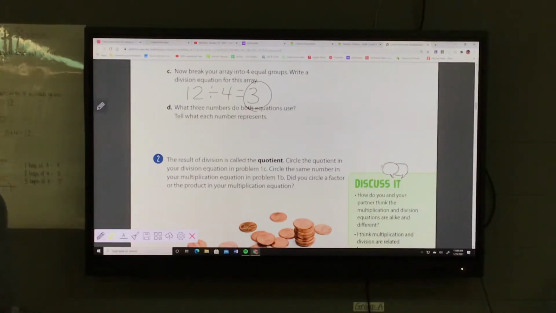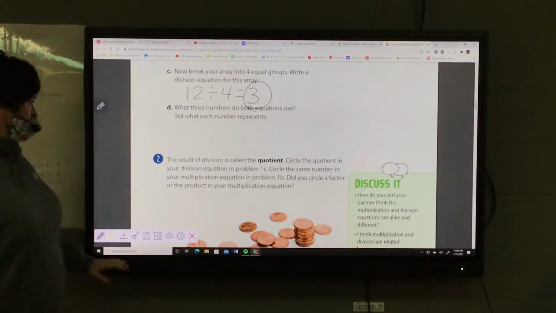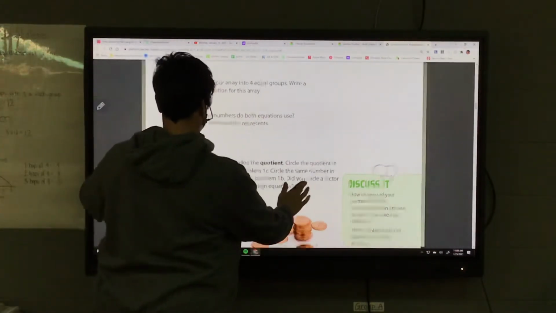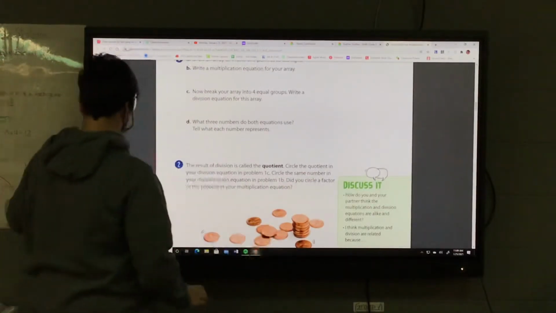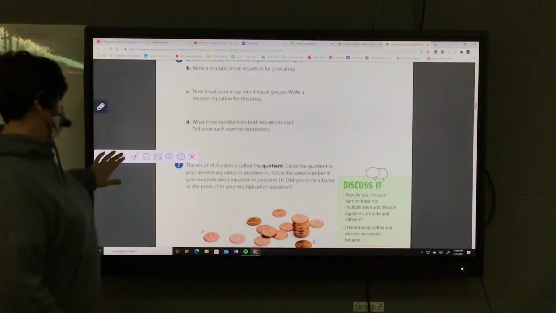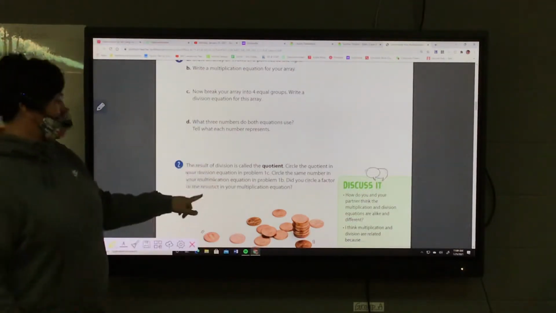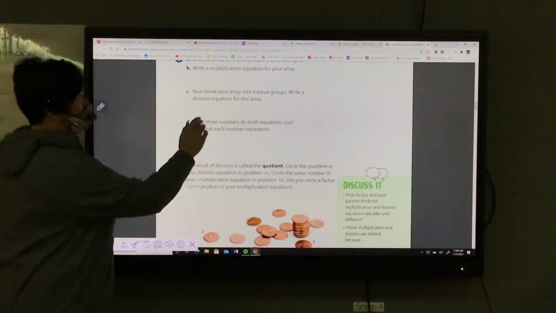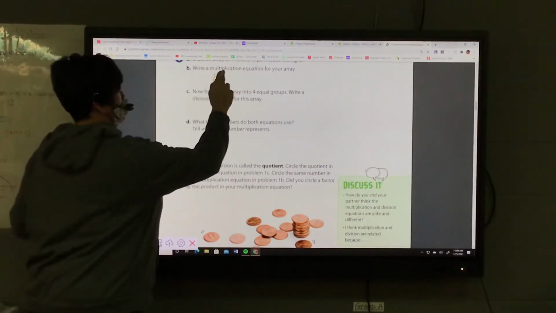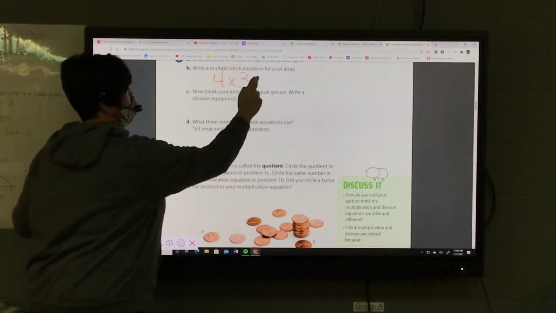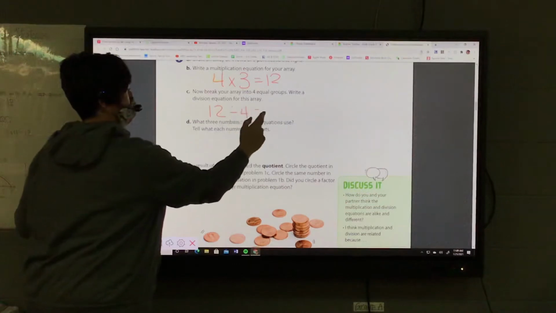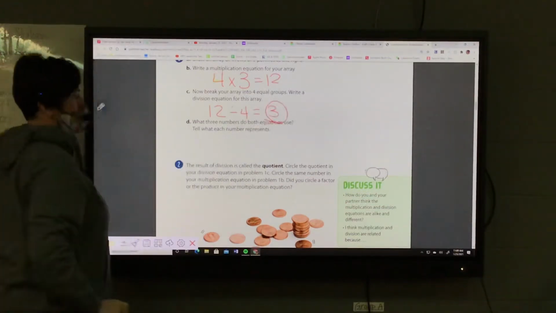Now, looking up at 1B, it says circle the same number in your multiplication equation. We had 4 times 3 equals 12. This was 12 divided by 4 equals 3, and we circled our quotient.